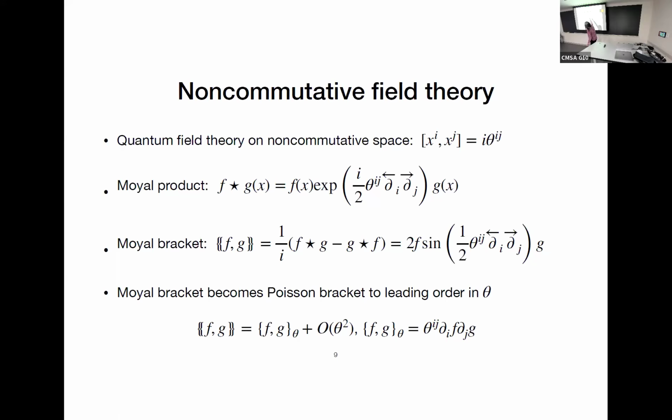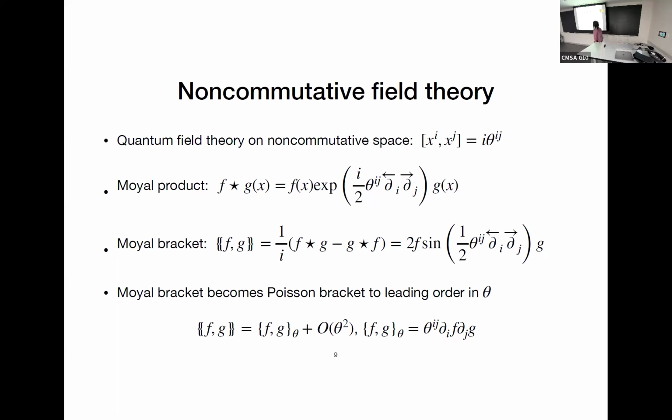Well, non-commutative field theory is a quantum field theory that lives on non-commutative space. You can see here that the coordinates do not commute and are related to a data called the non-commutative parameter. We can view it as the h-bar in quantum mechanics. There are two very important properties in this non-commutative field theory.